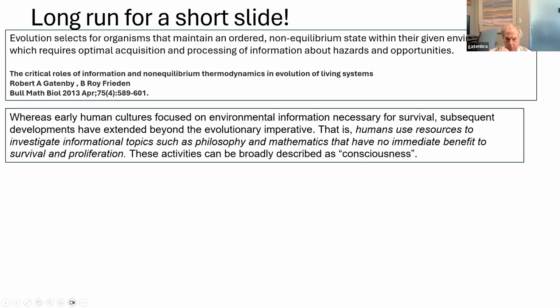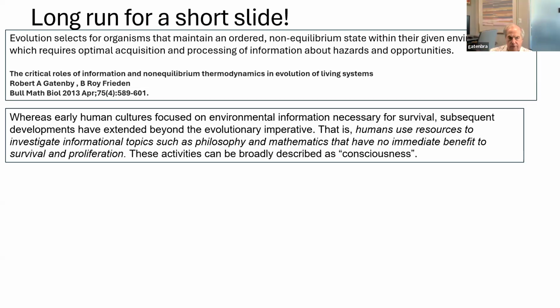I would argue that in human cultures, at least initially, the focus was on survival, and that, however, subsequently, the information gathering by humans is beyond the evolutionary imperative, meaning that humans use resources to investigate informational topics such as philosophy and mathematics.